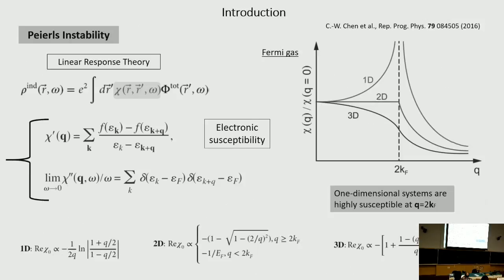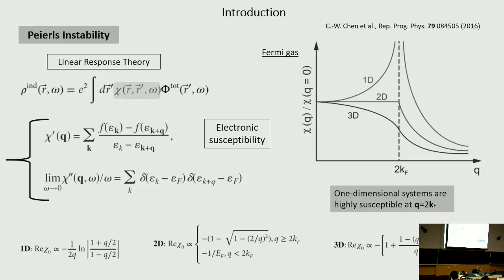And the reason for this is very, very simple. You can explain why you have these requirements based on linear response theory. If you create a perturbation in an electronic system, your electronic susceptibility is described by this equation.